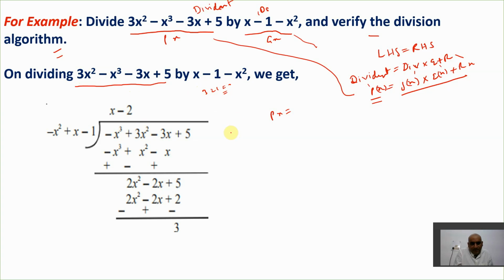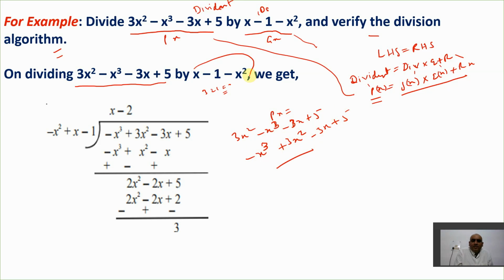So if I have to write 3x square minus x cube minus 3x plus 5, first the x cube will come as the highest power, then the square, then the 1 power, in this way: 3, 2, 1 and 0.